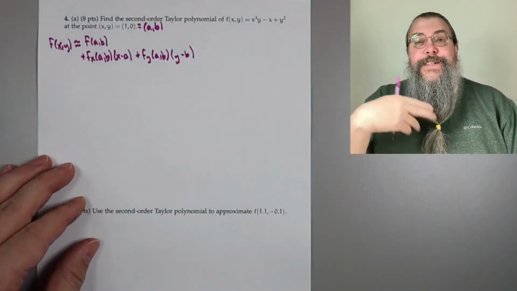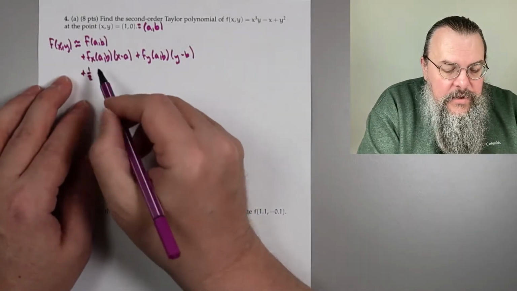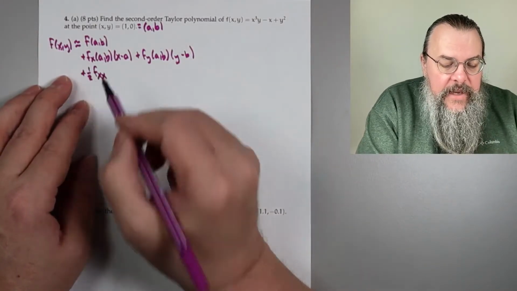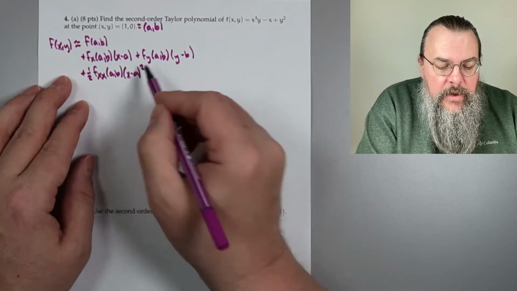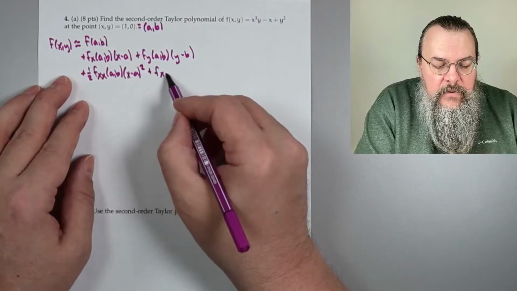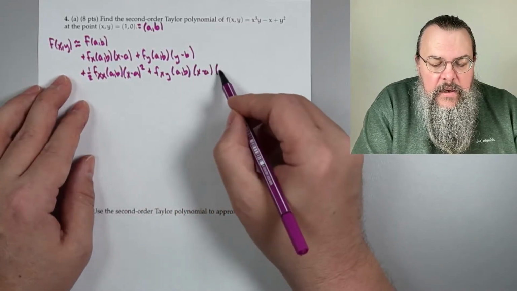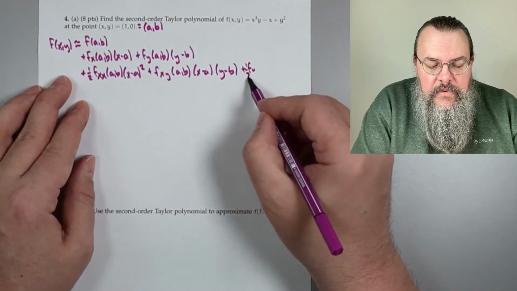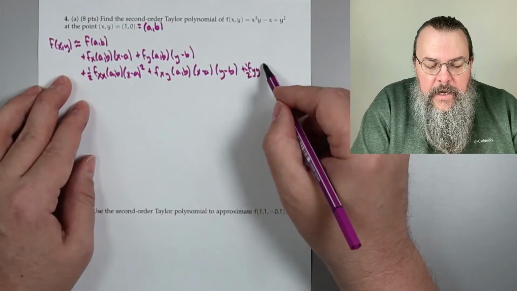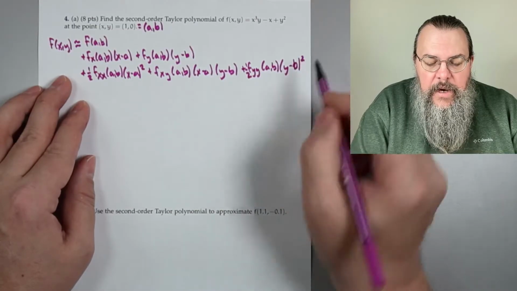Now that means we want second derivatives. So the last stage here, 1/2 f_xx(a, b) times (x minus a) squared, plus f_xy(a, b) times (x minus a)(y minus b), plus 1/2 f_yy(a, b) times (y minus b) squared.